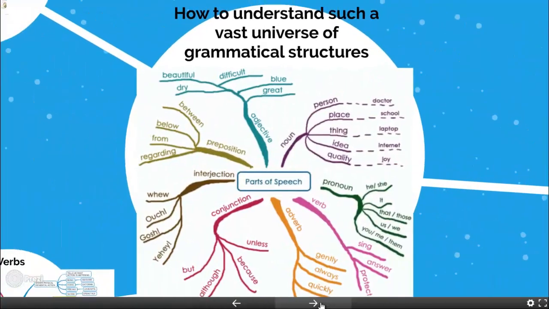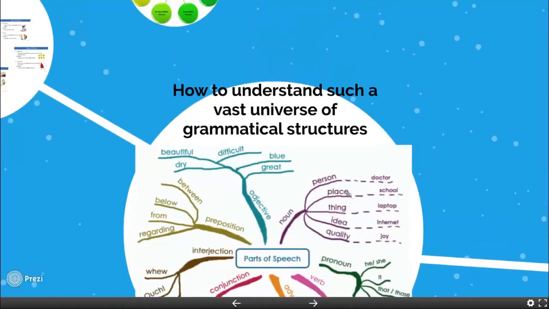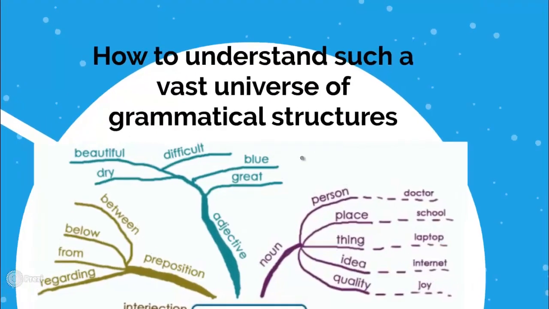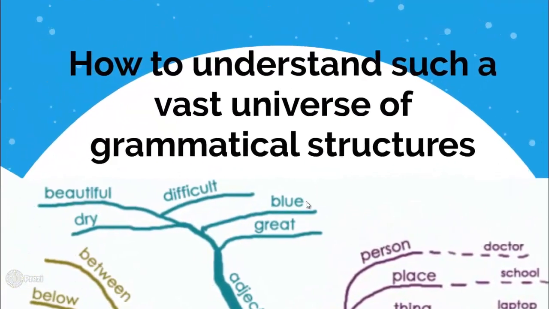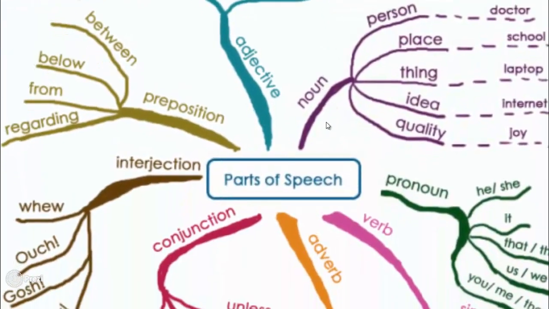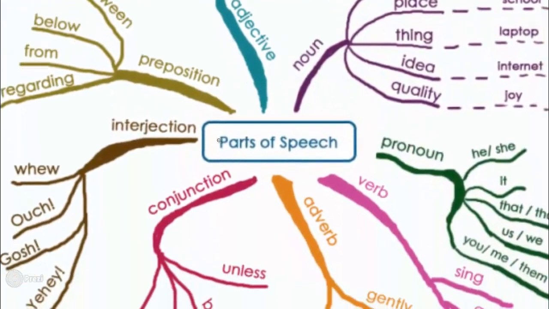For example, here is the first question. I'm gonna put it closer for us to see. So we have how to understand such a vast universe of grammatical structures. So the answer is to group them in something called the parts of speech.